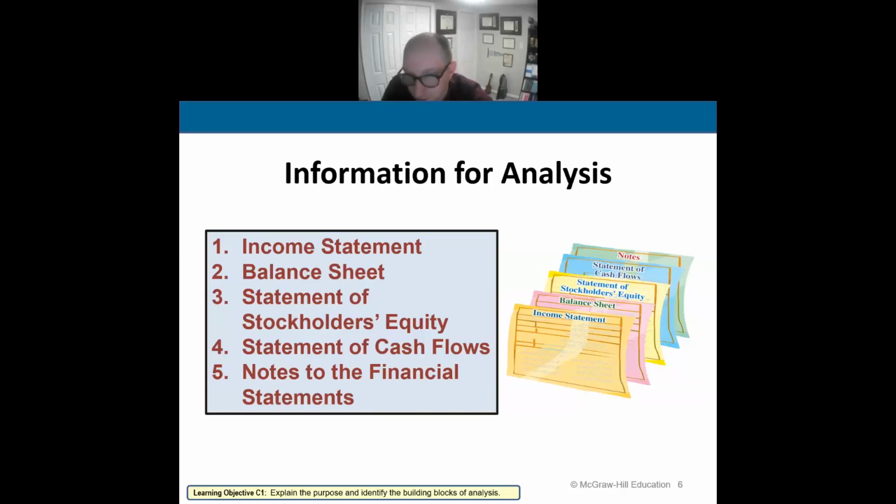They're just handwritten notes about the performance of the company. The notes tell a story. When I'm analyzing a company's financial performance, I usually look to the notes when I see big changes because it tends to tell me exactly what happened. But this is all the information we need to gather in order to analyze financial statements.